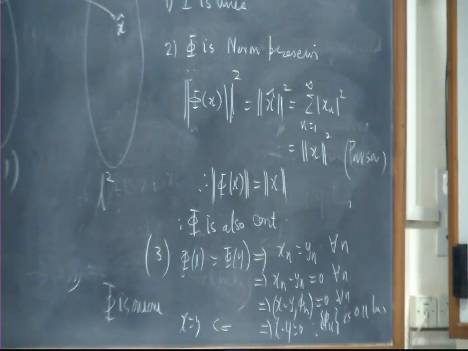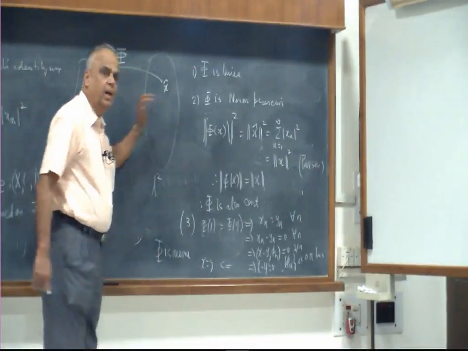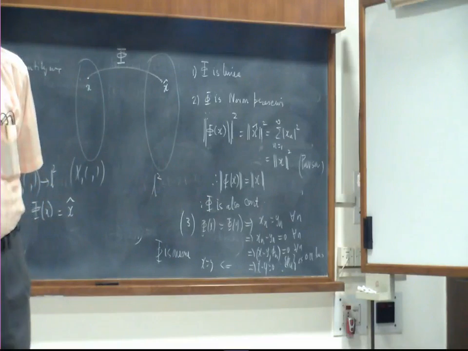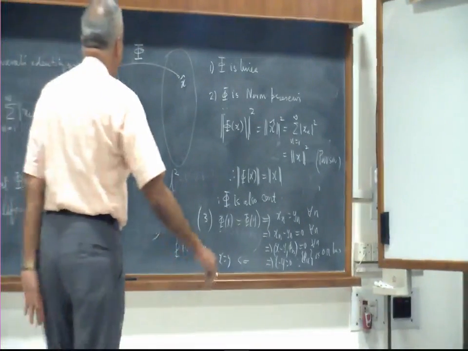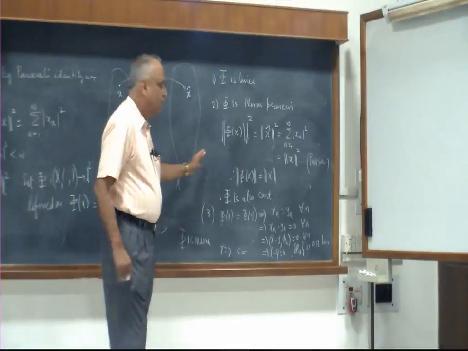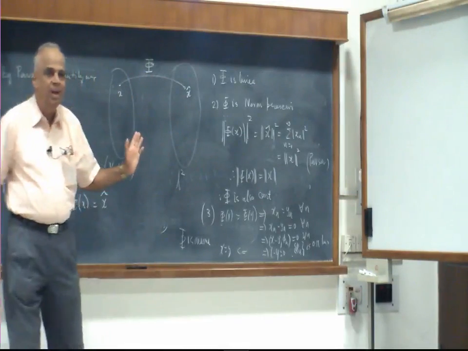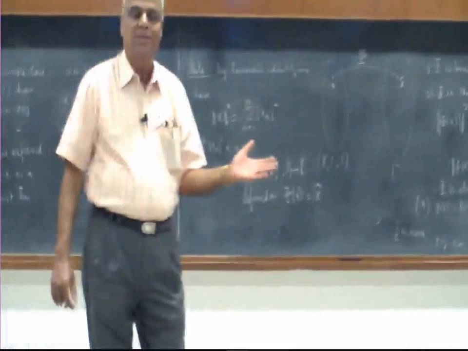The only problem will be: is everything here a code of something there? In other words, is capital phi onto? If capital phi has to be onto, since this is complete, naturally this must also be complete because it is norm preserving. If that one is complete, this one is also complete.